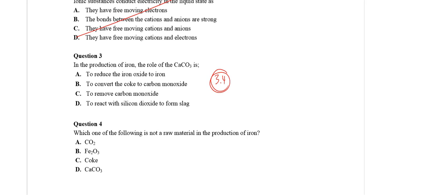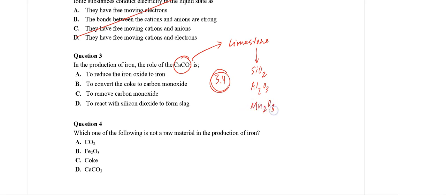Okay, so now the role of calcium carbonate. Now, calcium carbonate, which comes from limestone. Limestone is the raw material. Calcium carbonate is added to remove impurities. Now, the impurities that need to be removed include silicon oxides, aluminium oxides, and I think manganese oxides. Now, all of these can be removed with calcium carbonate.